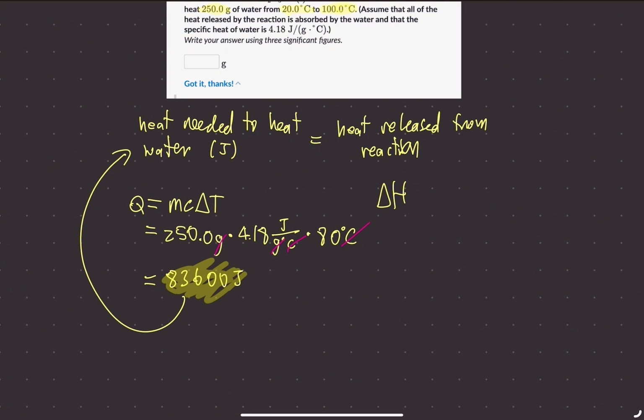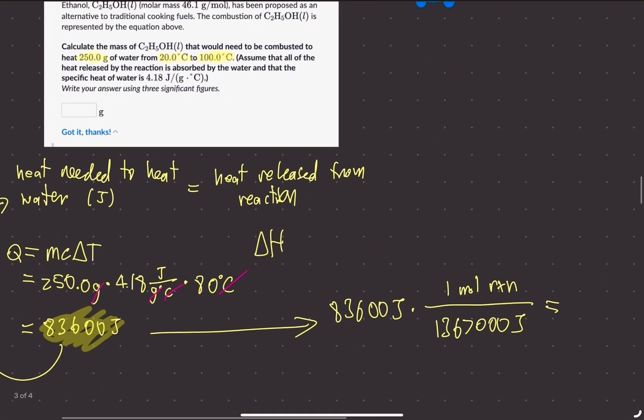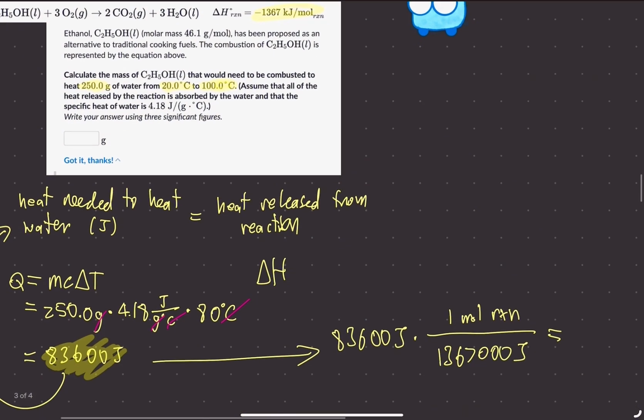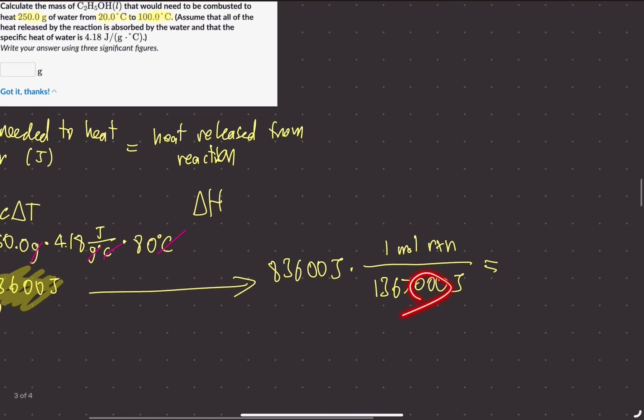So now we need to determine the moles of ethanol we need to combust to release this amount of heat. From the balanced reaction, we can see that 1 mole of ethanol combustion releases 1367 kilojoules of heat, and by kilo, it's 1,000 joules.